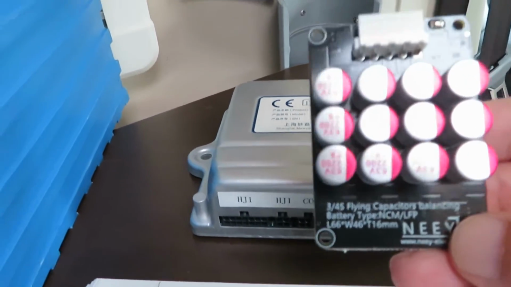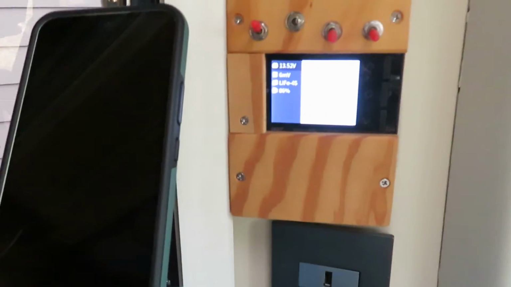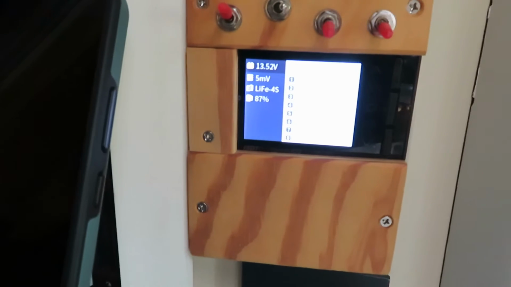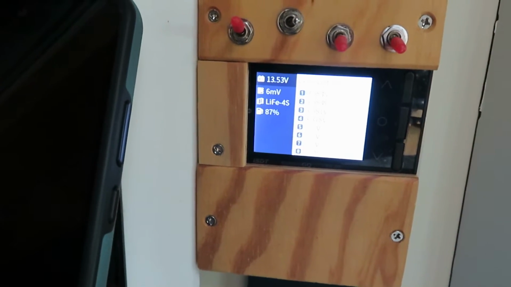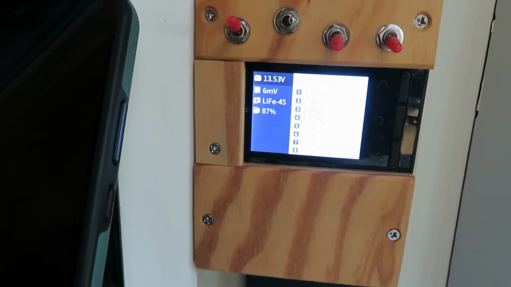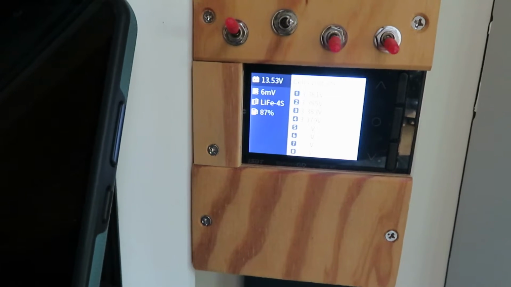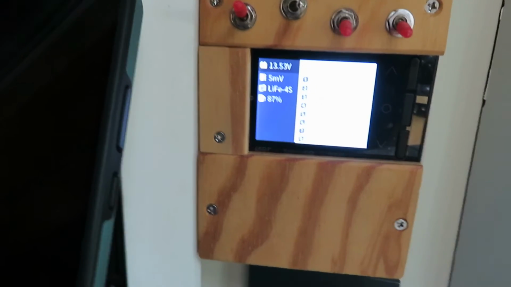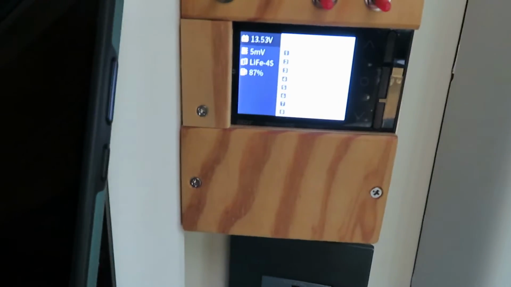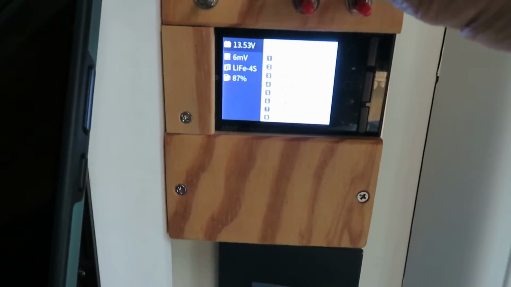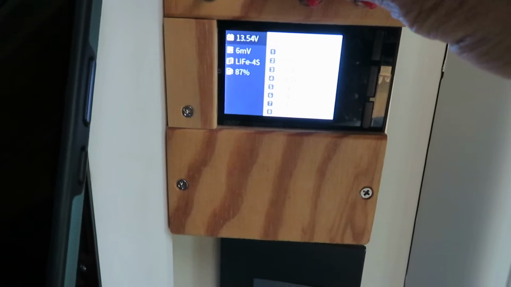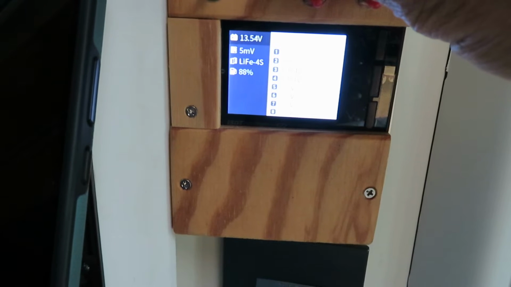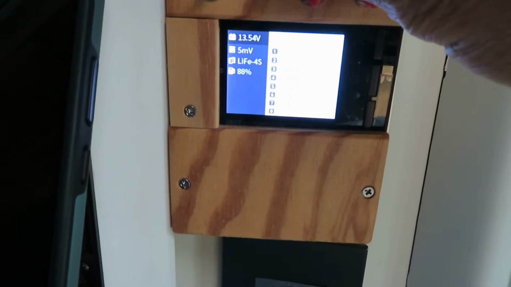So as you can see, we are charging right now, and the imbalance is pretty impressive because of the cell balancer. It's only 5 or 6 millivolt, and the voltage is climbing. 13.54 volt.